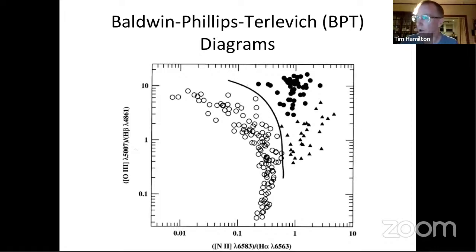The O3 to H beta, the vertical axis here, is mainly looking at the average level of the ionization and the temperature of the gas there. The temperature you understand easily enough. The ionization, however, is how strongly ionized the atoms that make this up are.